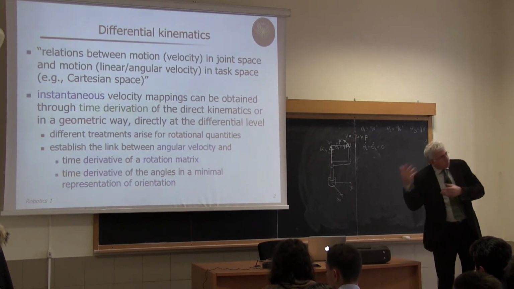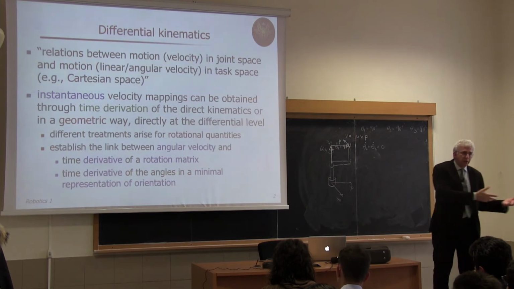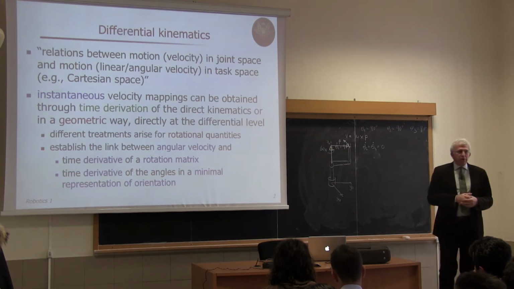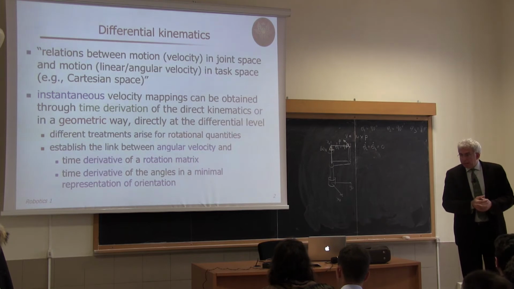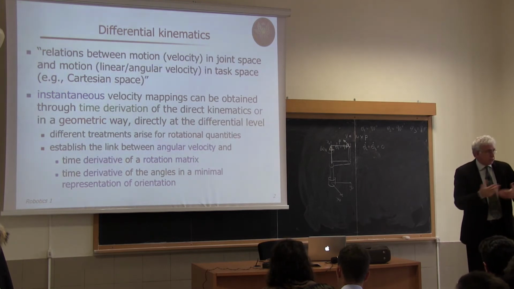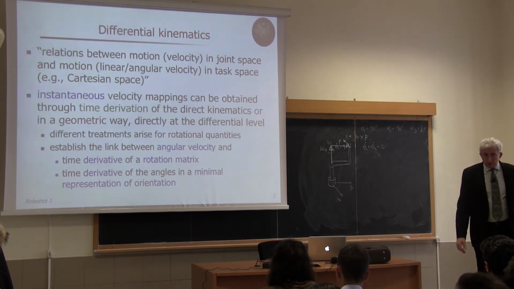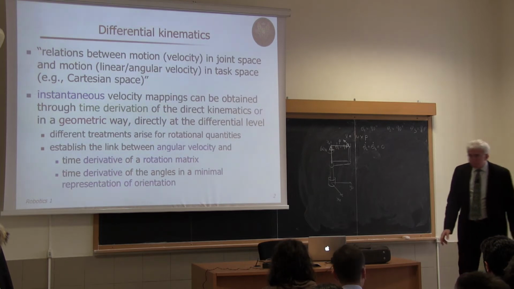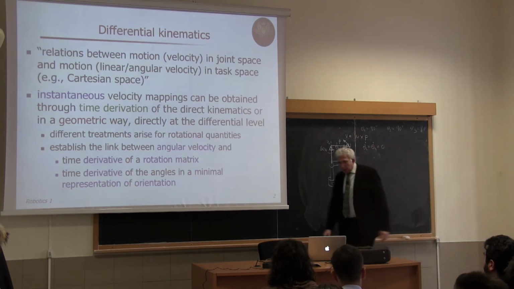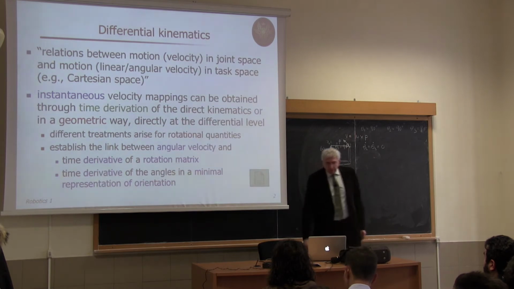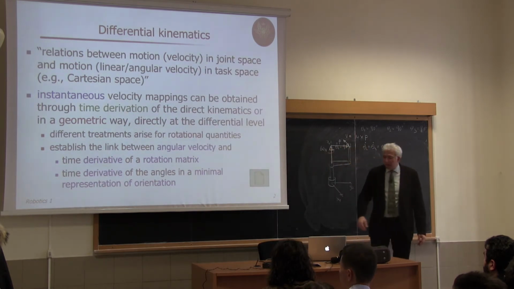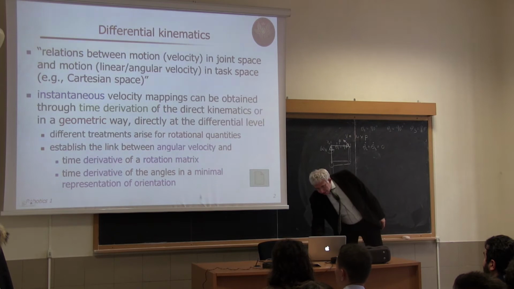Sometimes one method is more convenient for doing some computation. Sometimes another method is more convenient, so you want to establish the equivalence and the transformation between the results that you obtained. Okay? So linear and angular velocity. Let's start with a simple example that everybody is familiar with.